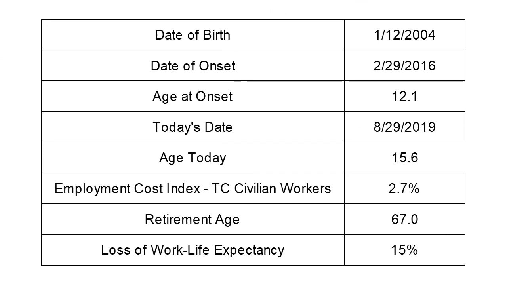So, here's a summary of the data for Peter. We take his date of birth and injury onset, as well as anticipated retirement age and other data points to set the stage for a thumbnail sketch of our calculations. What we're about to show you is what we can provide attorneys or clients who want an estimate of the loss of earning capacity from an injury or illness.